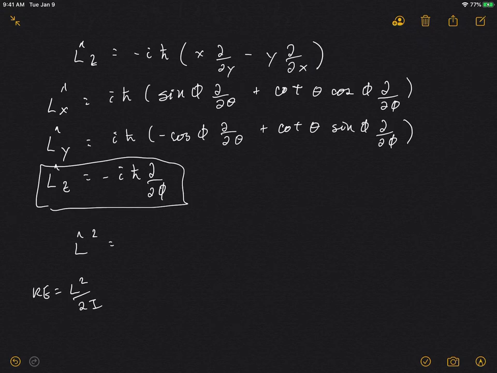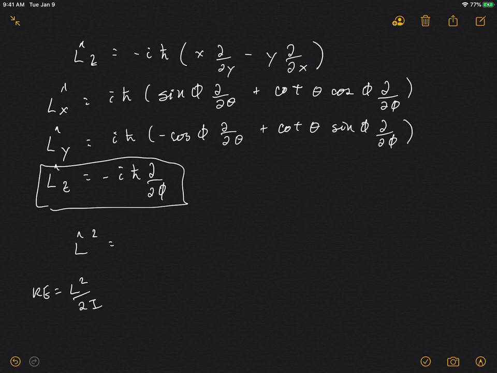By inspection, you can figure out what L squared is from the Hamiltonian, because the kinetic energy is what the Hamiltonian contains. And so you can pull out L squared that way.